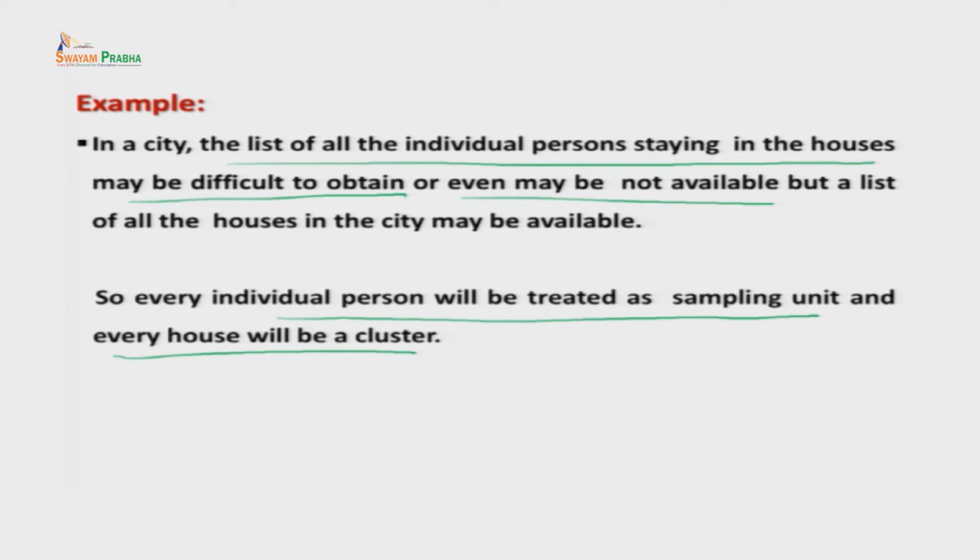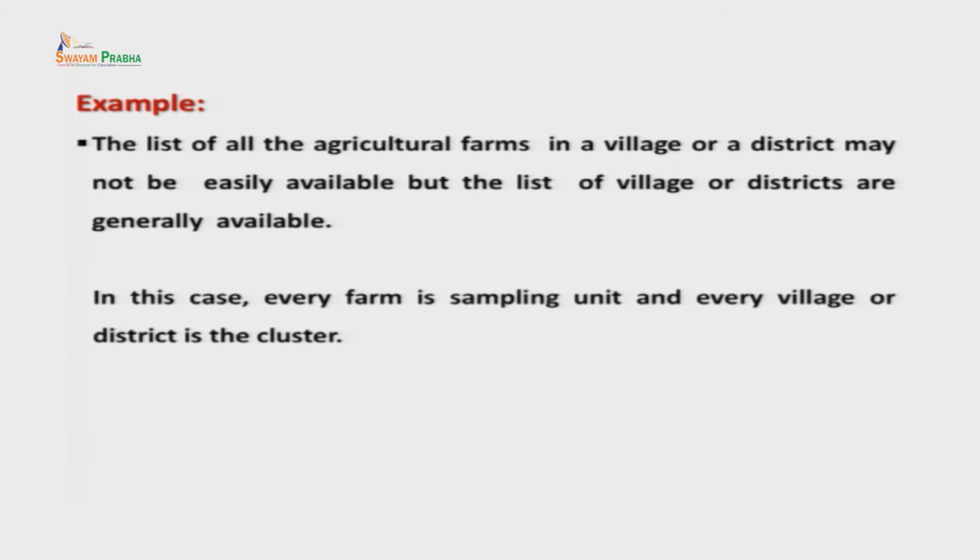Clusters are our houses. Similarly, the list of agricultural farms in a village or in a district may not be easily available, but the list of villages or districts is easily available.